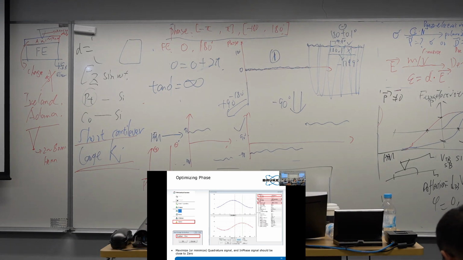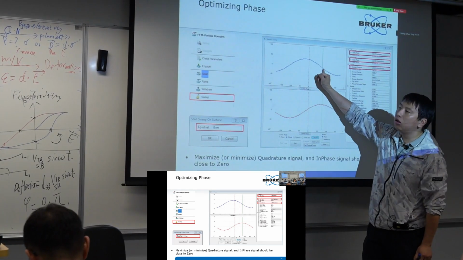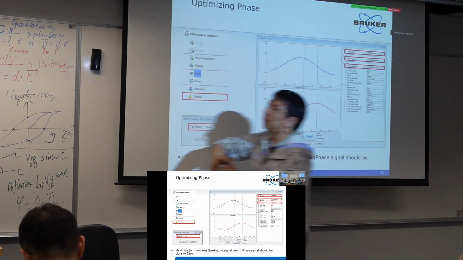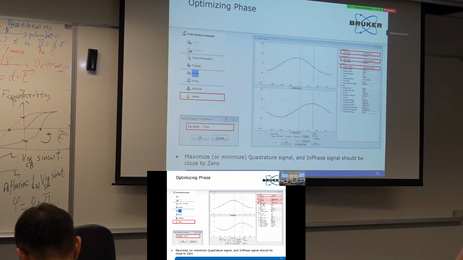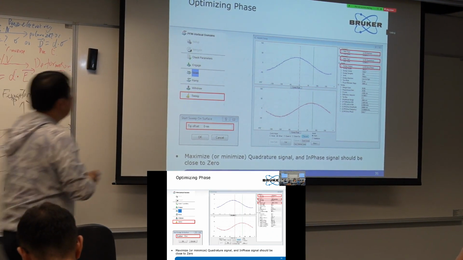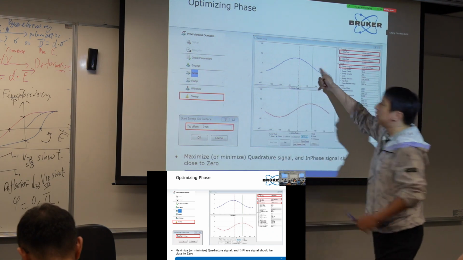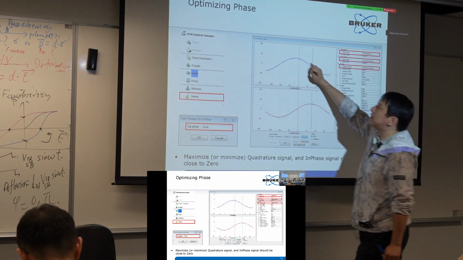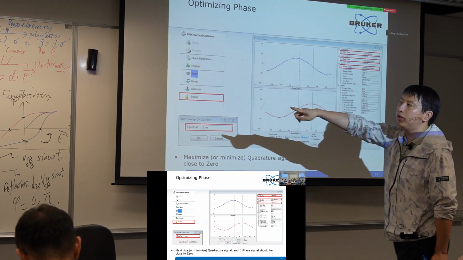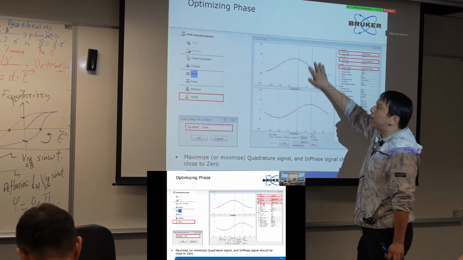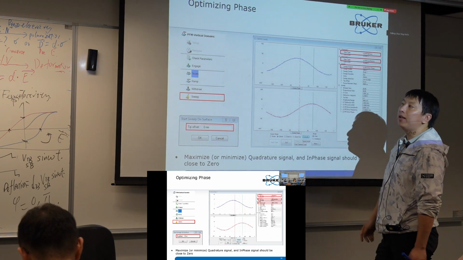And then this graph tells you to make one term to be 0, which is the x term. Once this x term is 0, the tangent phi is infinity, so this one will be 90 degrees.